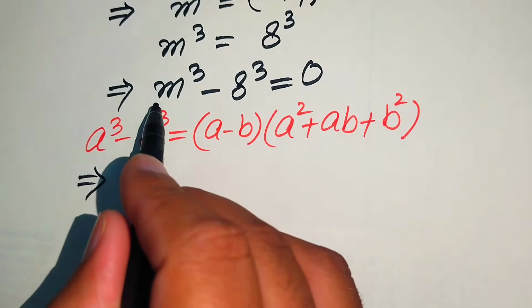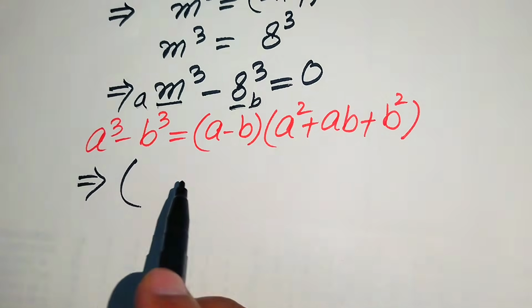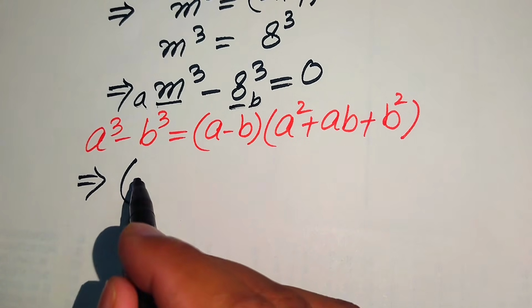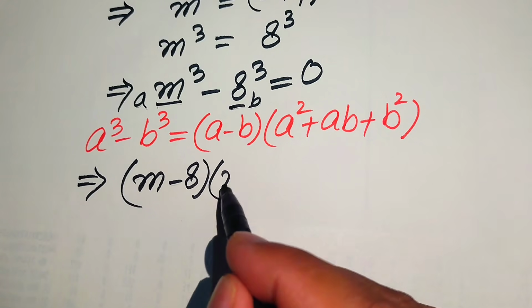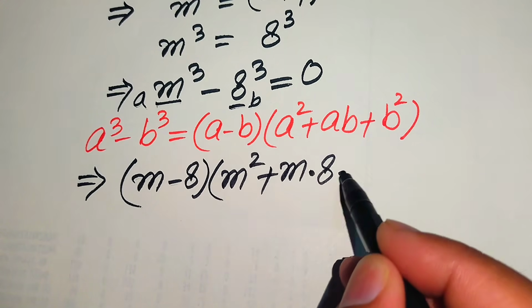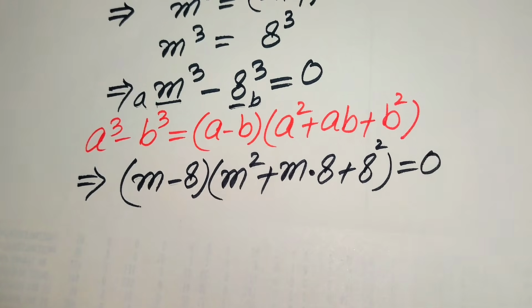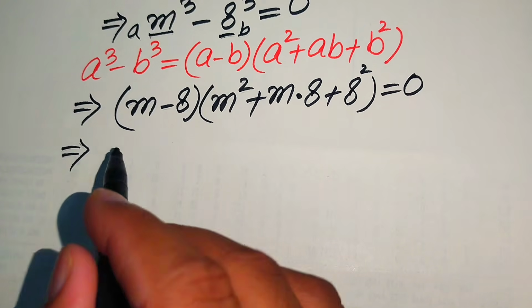Here the value of a is m, and the value of b is 8. So we put a equals m and b equals 8 in this formula, and it will be written as (m minus 8) times (m squared plus m times 8 plus 8 squared), and this whole equation equals 0.